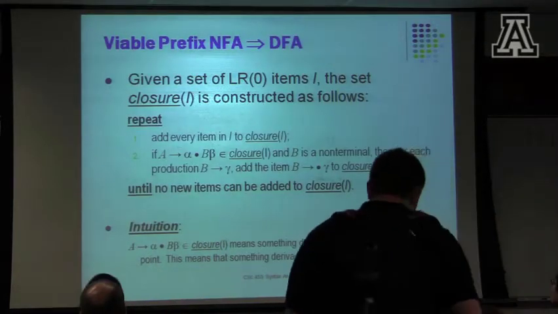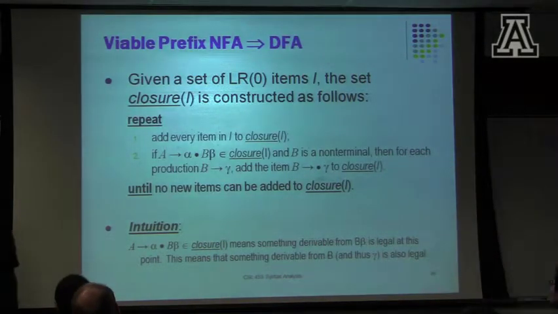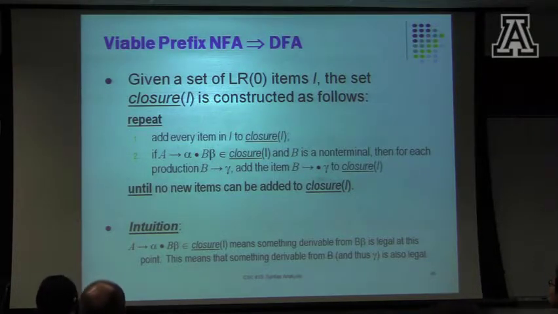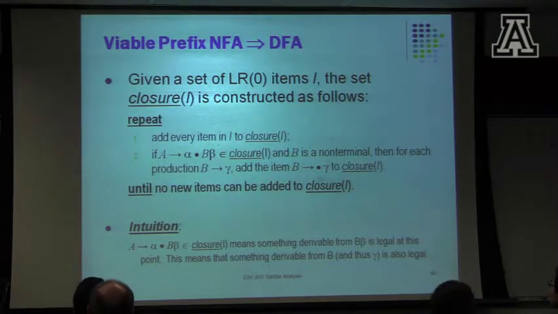Here, let me quickly talk about the construction of a deterministic automaton from a non-deterministic automaton. If you have already seen what's called the subset construction, which is an algorithm that converts a non-deterministic finite state machine to a deterministic finite state machine, this is exactly what that is. If you haven't seen it, then this is what it is.